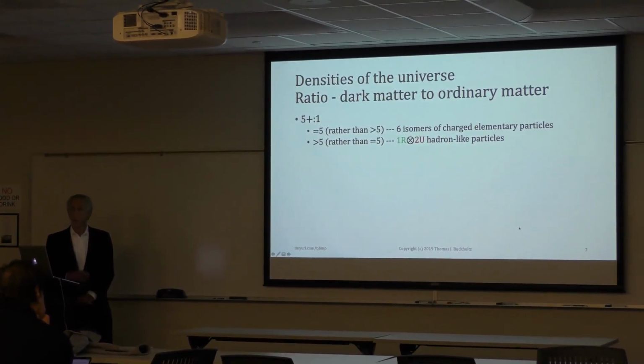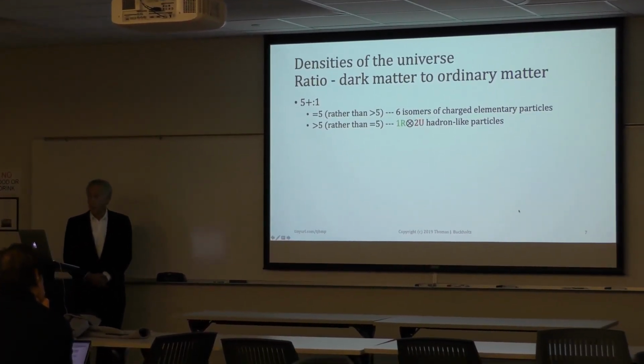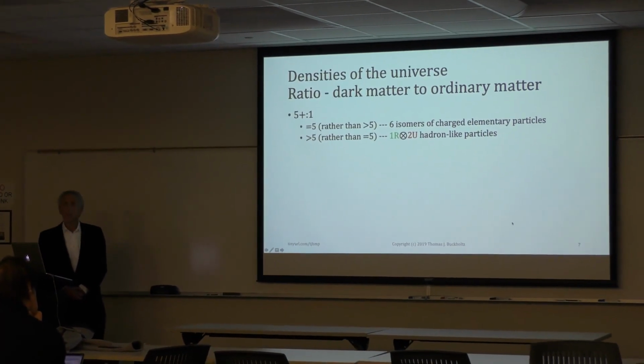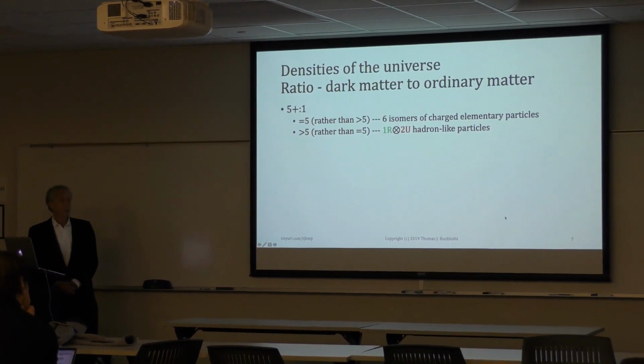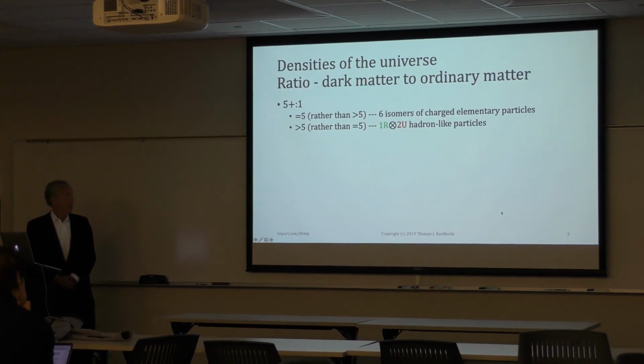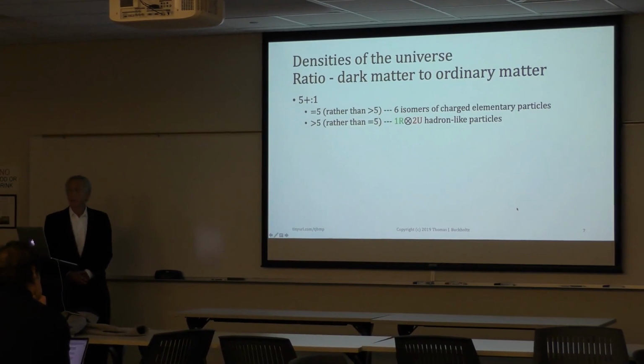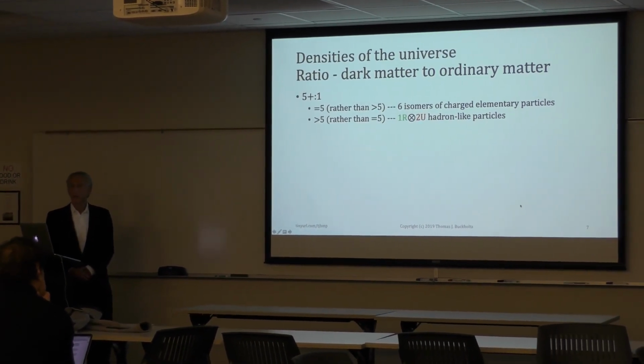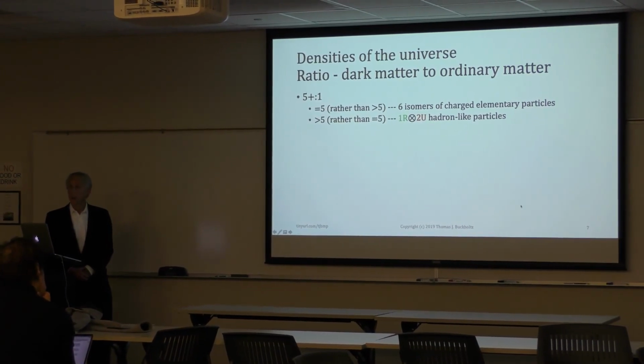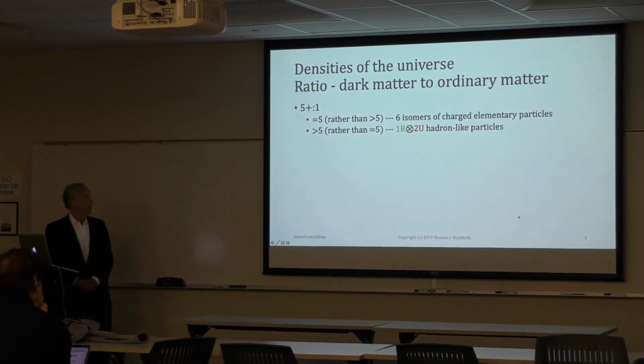And each isomer has approximately its own photon. So that gets you 5 to 1. And then the leftover would most likely be those zero mass, zero charge quarks married up with gluons into hadron-like particles, and you get the rest of that.